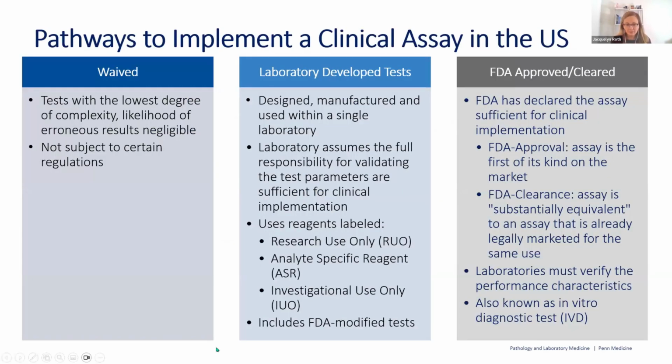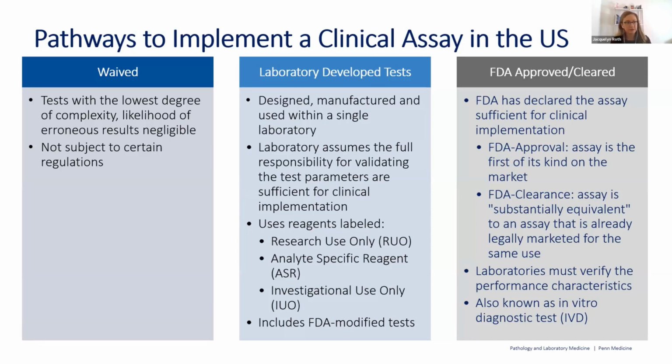As I mentioned, the FDA is going to be really important in designating how we can validate these tests, as well as which category they fall into, which again will dictate the steps you need to take. So there are 3 pathways for implementing a clinical assay in the US.